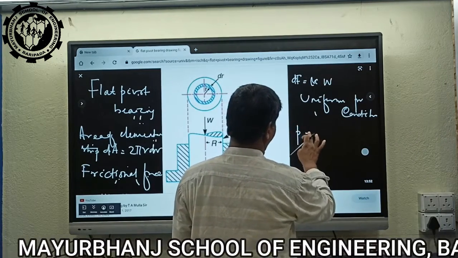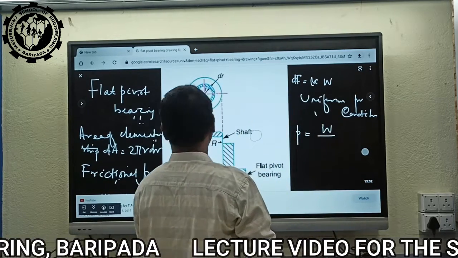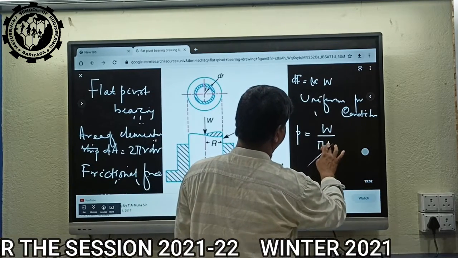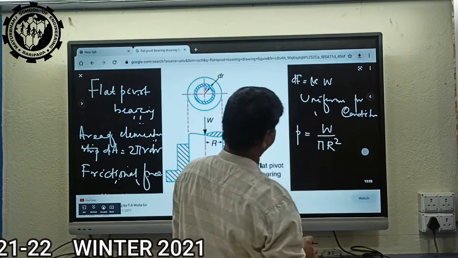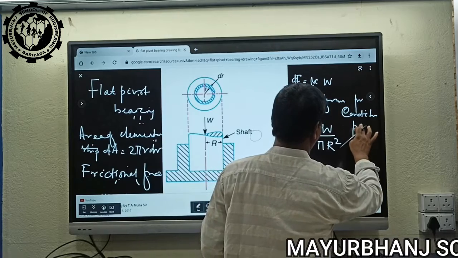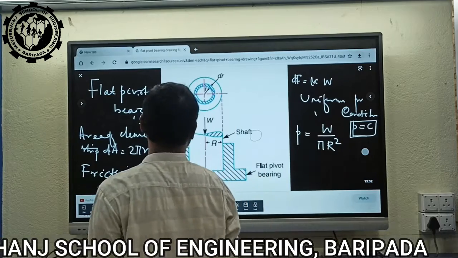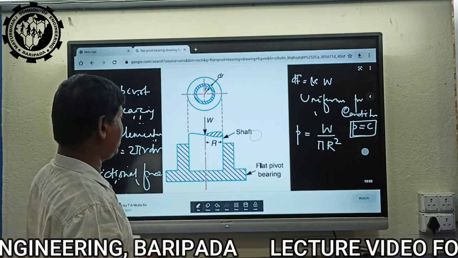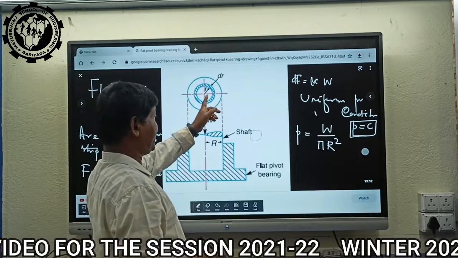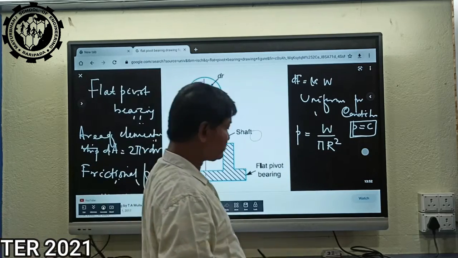Pressure P is equal to load W by the total area of the whole section, pi R square. That is the uniform pressure, P is equal to C, which means pressure is constant throughout the whole section. The pressure will be the same in the elementary strip also.